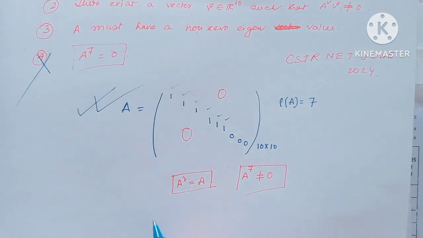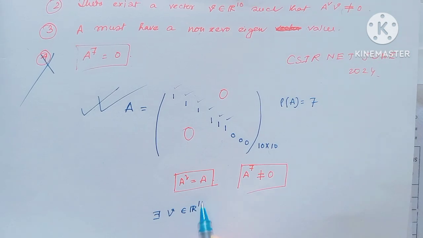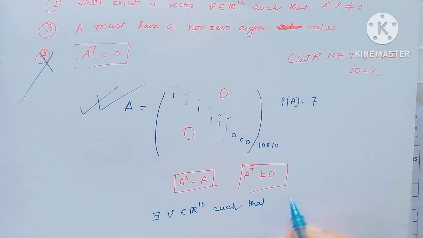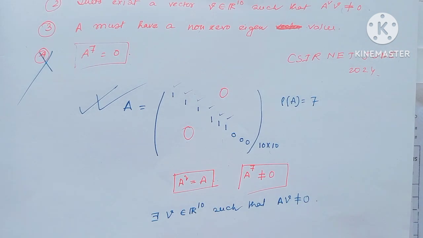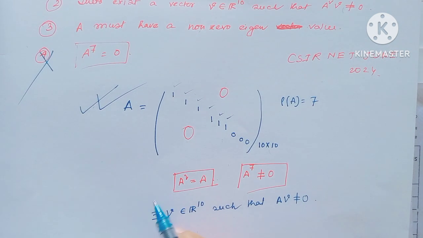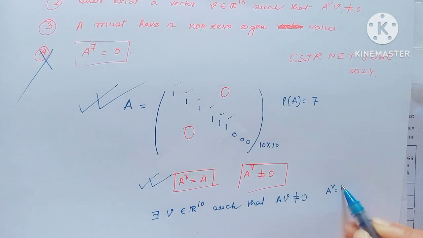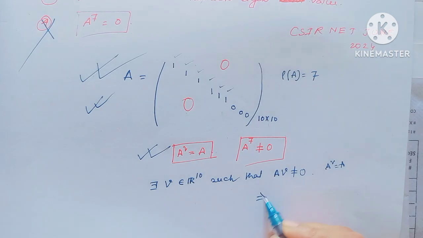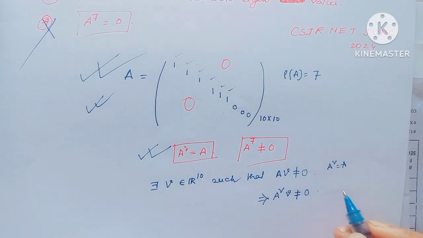Suppose there exists a vector V belonging to R10 such that AV is not equal to 0. Since the matrix is idempotent, that means A squared equals A, and so A squared V would also be not equal to 0.